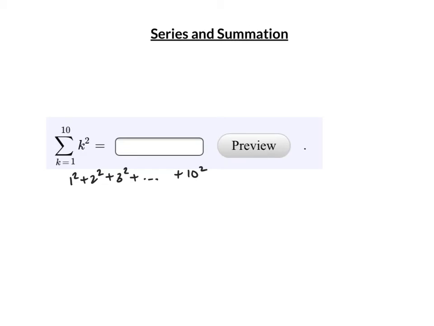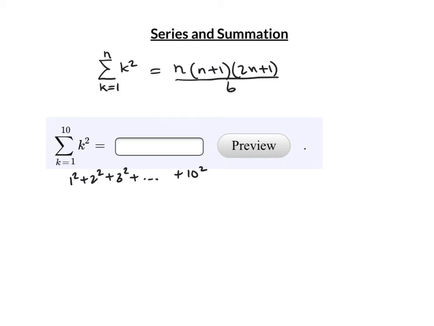The formula is the sum from, say, k equals 1, you can use any variable, of k squared to the number n is equal to n times n plus 1 times 2n plus 1 divided by 6.